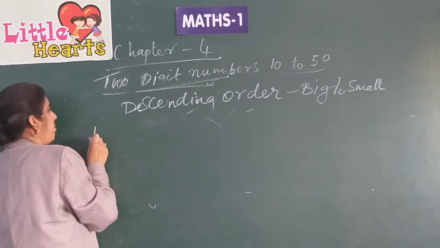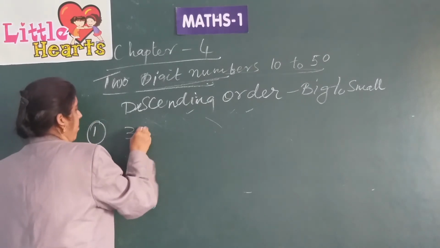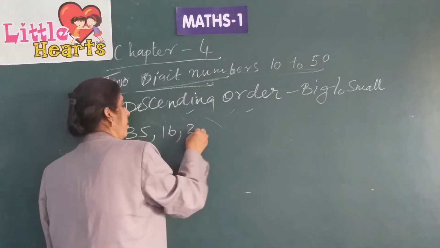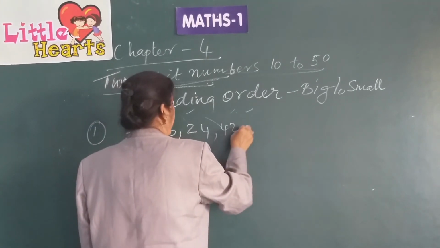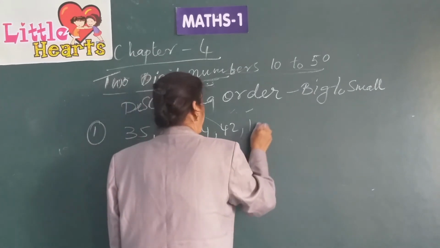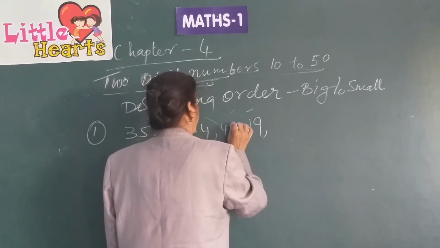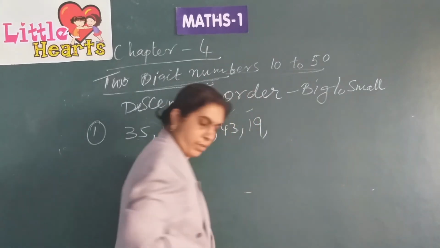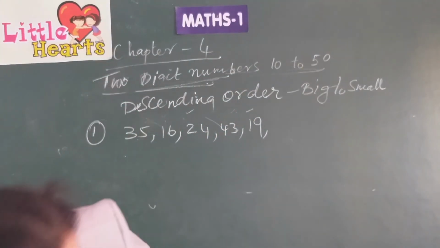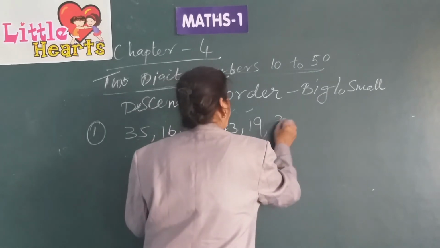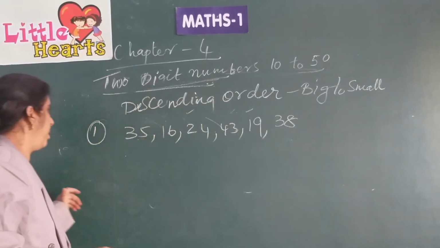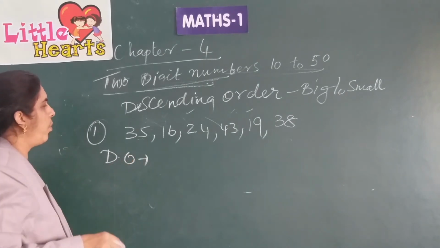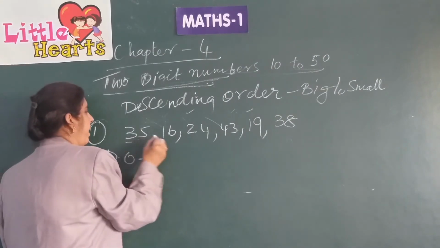Take the set of numbers. 38. Now, DO, descending order. Among these, check with the tens place.